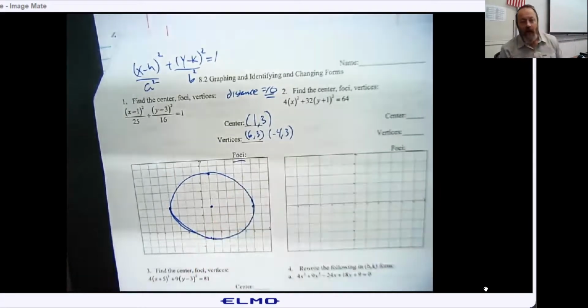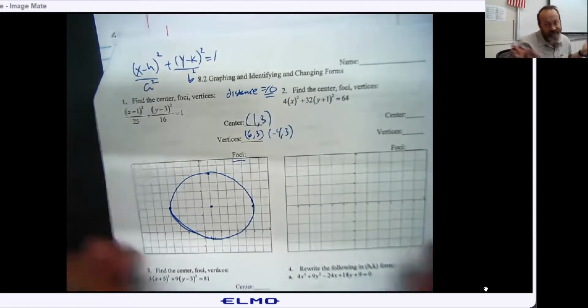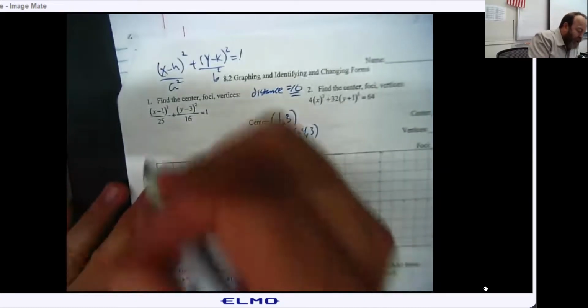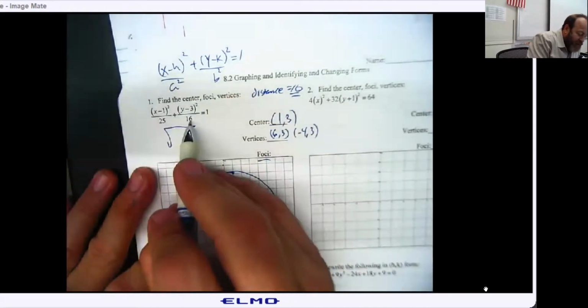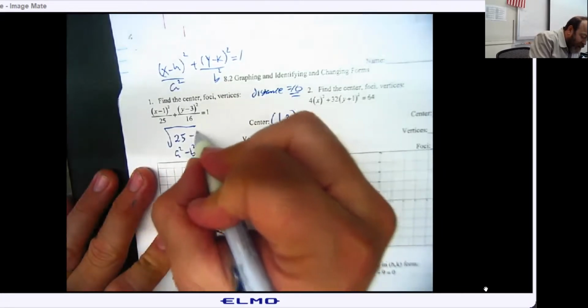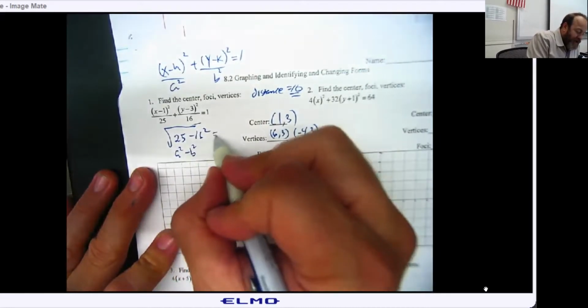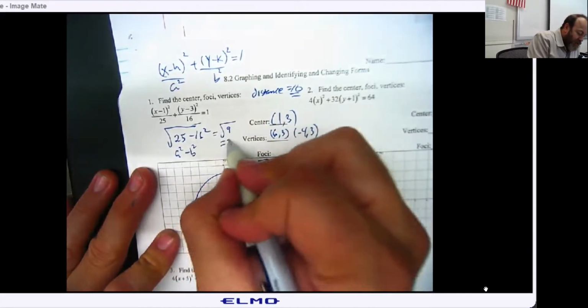Now, this is interesting. Unlike the parabola where there's one focus, this one has two. People call it either a foci or a foci; I've heard it done both ways. All you have to do is take a squared minus b squared, and notice it's minus. That's going to be the square root of 9, which is 3.